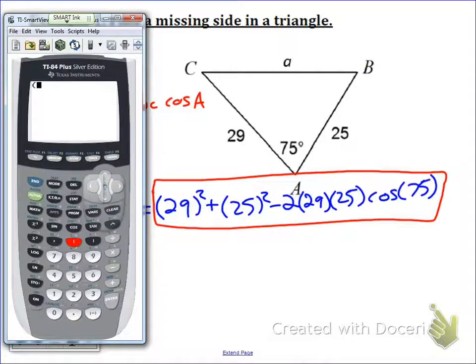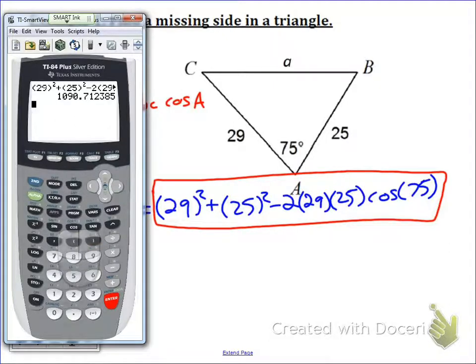So I'm going to say parentheses 29, close my parentheses, squared, plus parentheses 25, close those parentheses, square that, minus 2, parentheses, 29, close parentheses, parentheses, 25, close those parentheses, times cosine of 75. Go ahead and close that as well, and I'm just going to press enter.